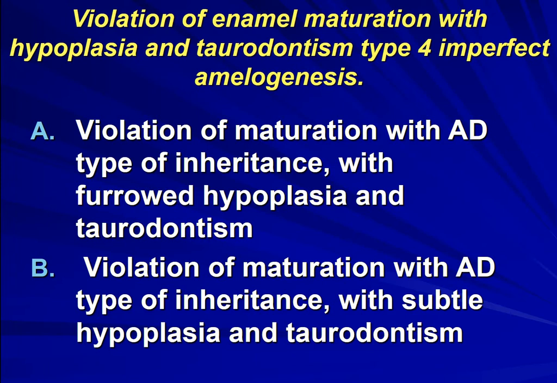Violation of enamel maturation with hypoplasia and taurodontism type, amelogenesis imperfecta. Violation of maturation with autosomal dominant type of inheritance with furrowed hypoplasia and taurodontism. Violation of maturation with autosomal dominant type of inheritance with subtle hypoplasia and taurodontism.